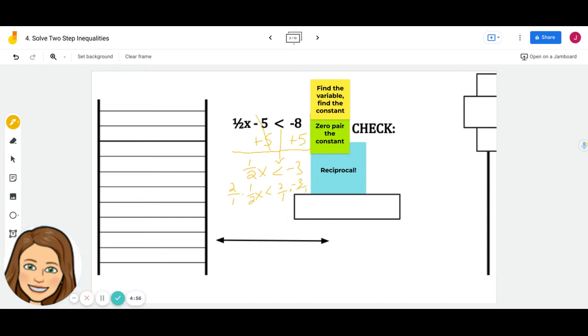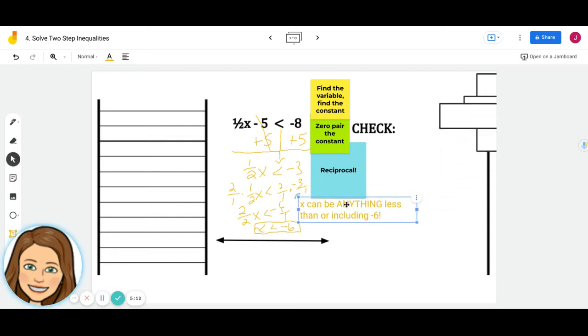On the left, it becomes 2 over 2x is less than negative 6 over 1. So x is less than negative 6. What that means is x can be anything less than negative 6.